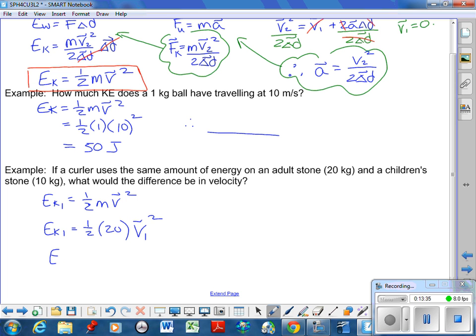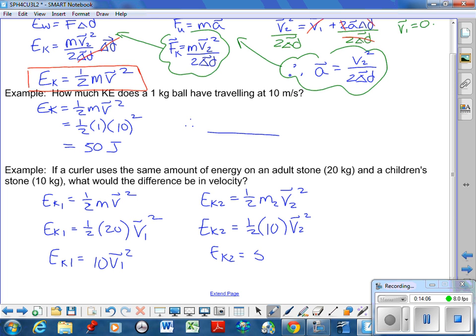Simplifying that, Ek1 equals 10 v1 squared. So we don't know what that initial value was. So we've got to look at the other stone now. So our second stone, Ek2 equals 1/2 m2 v2 squared. We know that the children's stone is 10, with a new velocity. So that simplifies to 5 v2 squared.